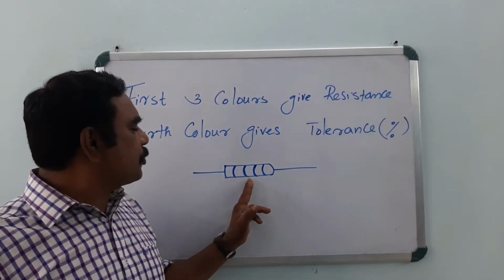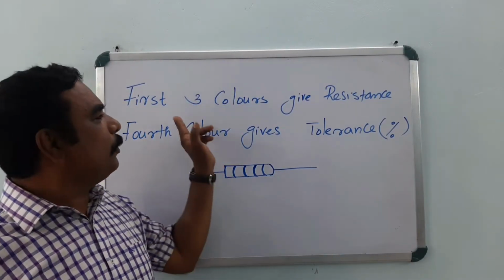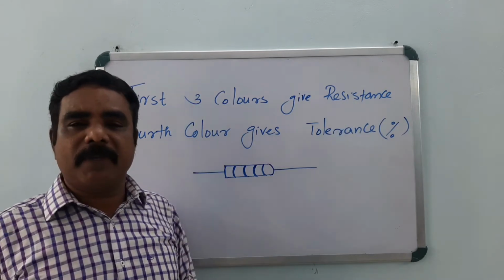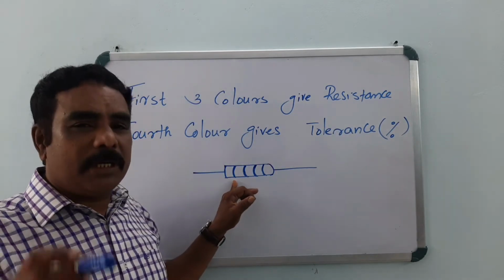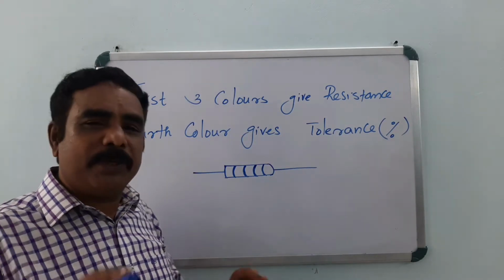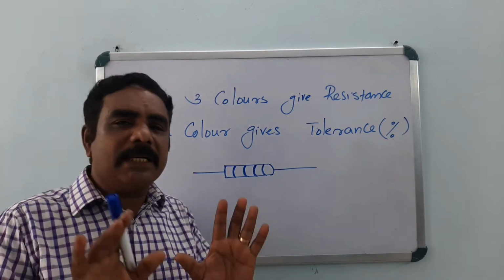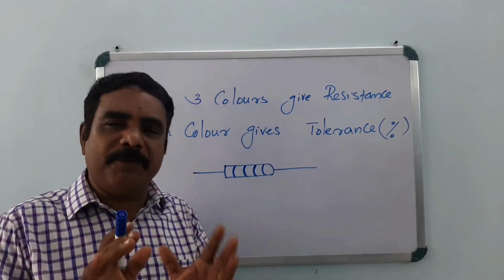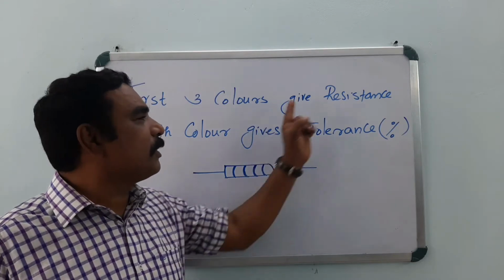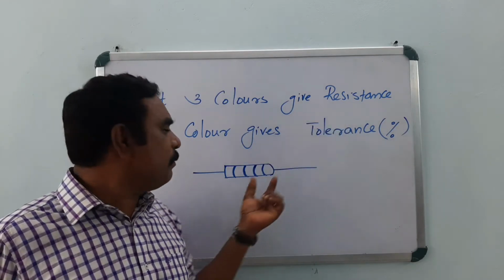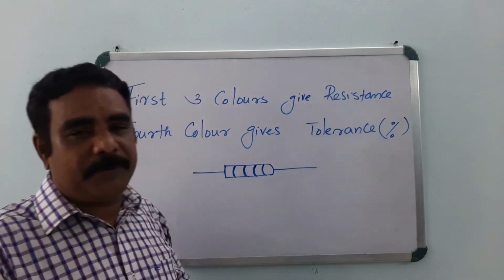The first 3 colors give resistance. Each color, as I said earlier, is associated with a digit. Arranging them in a proper way, we can get resistance in ohms from the first 3 colors.